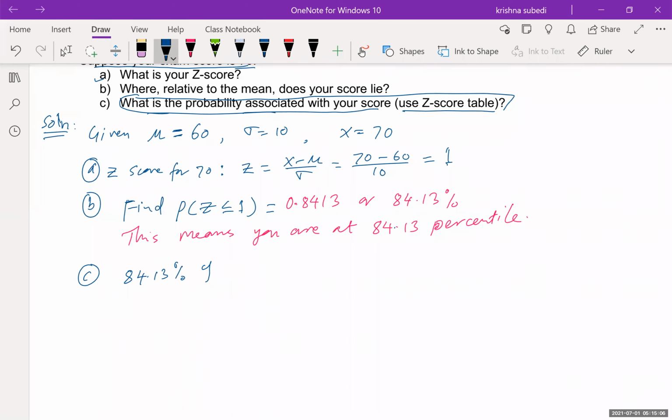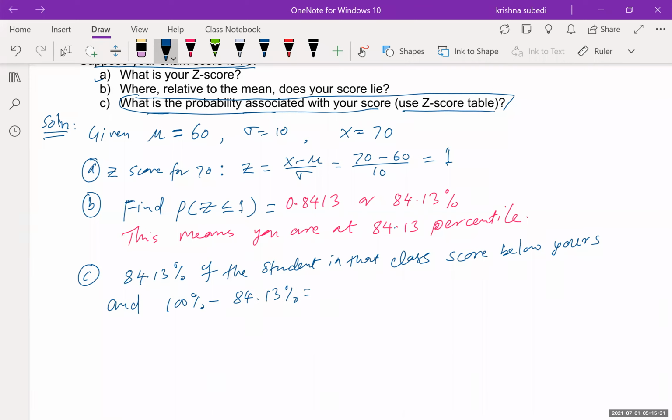84.13% of the students in that class scored below your score, below yours, and 100% minus 84.13%, which is equal to how much?